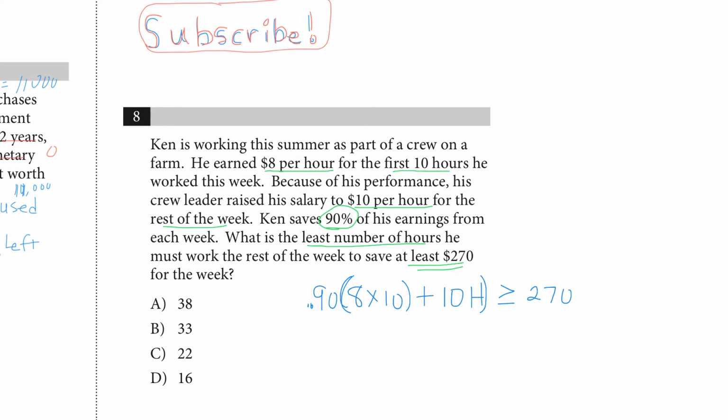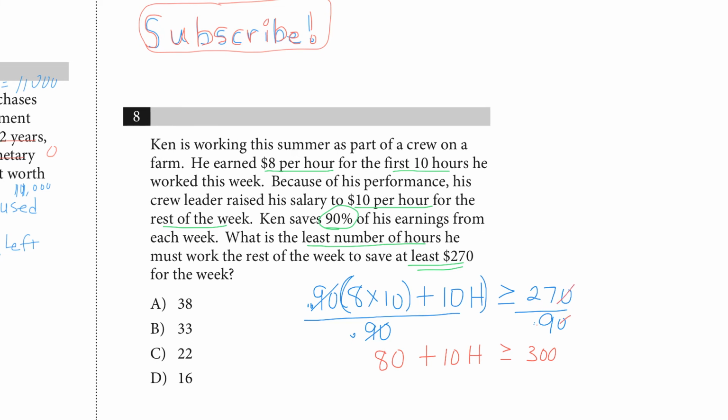So if I divide by 0.90 on both sides to get rid of that decimal, these will cancel out. So I'm going to have 8 times 10, which is $80, plus $10 for every hour after the first 10. And this has to be greater than or equal to what? 270 divided by 0.9.